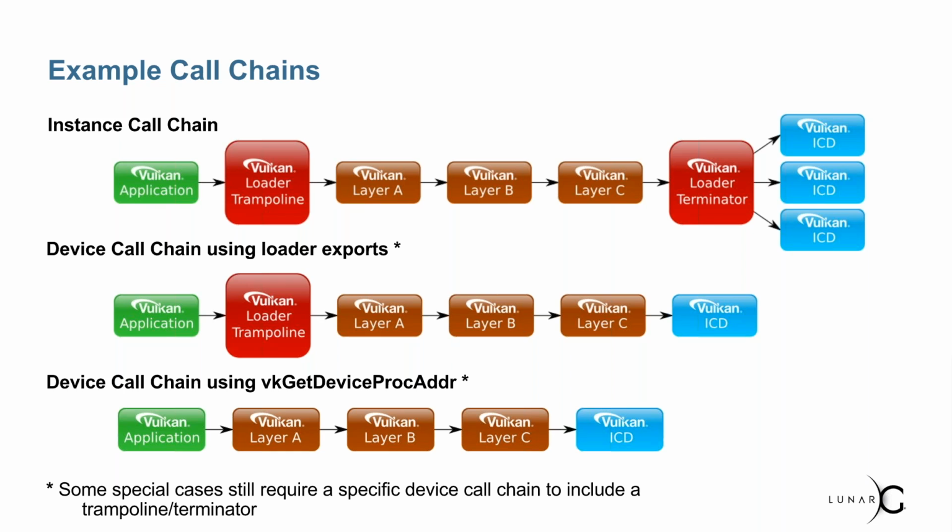The benefit also comes if you don't have any layers enabled: your application is going to talk directly to the ICD via the returned function pointer. So if you set up your own dispatch table for all your device commands, and you query each command via vkGetDeviceProcAddr for your specific device, you're going to get the best performance.